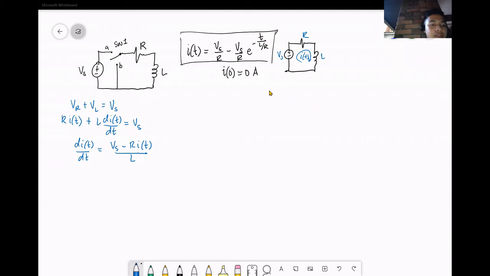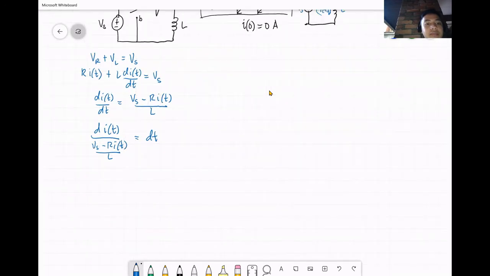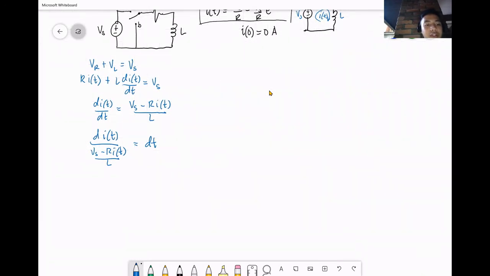So this becomes di of t over Vs minus R I of t over L is equal to dt. Okay, so we have this expression here, and you can transfer the L to the numerator.